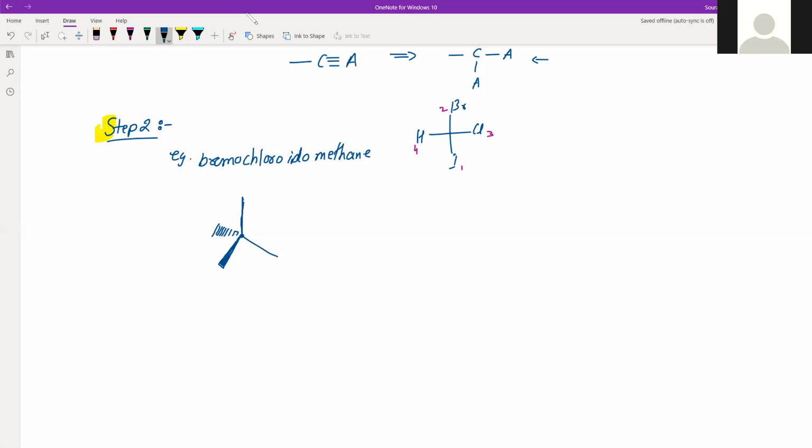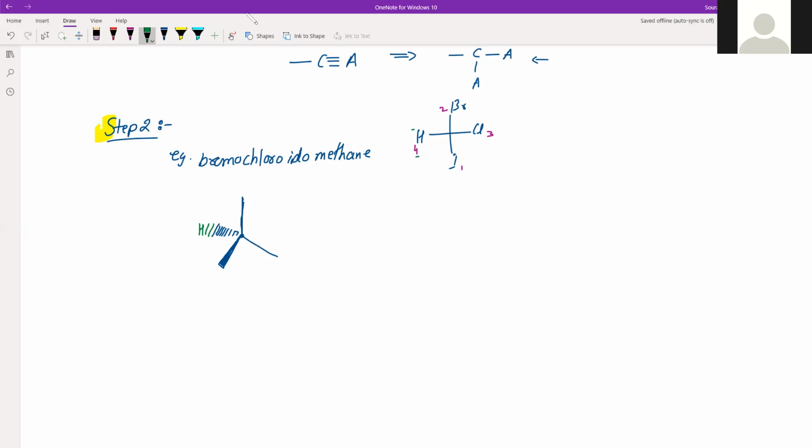So what is our rule? The lowest one should be at the back. That means this is hydrogen. Out of these 4, the lowest priority is 4, that is hydrogen, going away from us. Now we have the other three. Going from the group of highest priority to the second and then to the third priority, the eye should move in a clockwise direction.